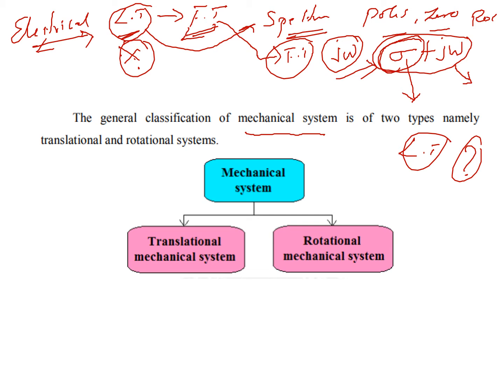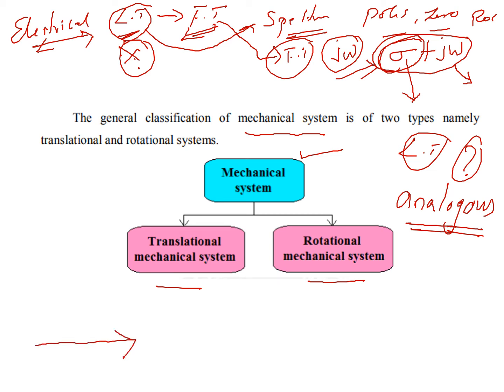Direct topic idea concept: mechanical system, analogous circuit, discuss. A mechanical system can be of two types: translational mechanical system and rotational mechanical system. Translation means that which moves linearly forward or backward.